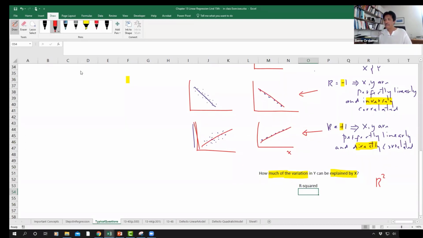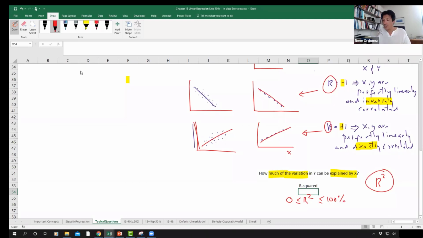Note that the r squared value is simply the square of whatever number you get here. So if you get an r value that is negative, and you square that, it becomes positive, right? So as far as the r squared value is concerned, r squared will range from 0 to 100%.